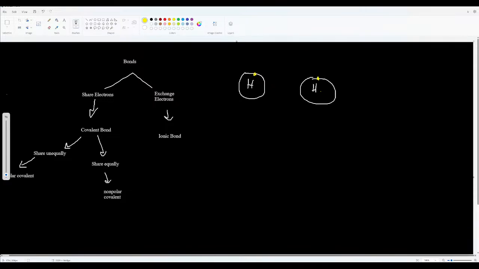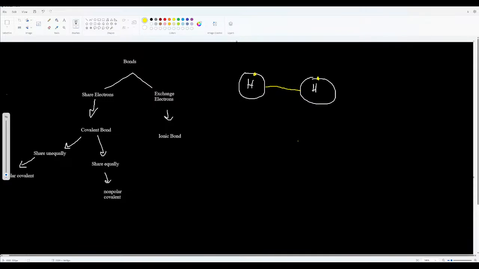So in this case, when we're bonding these hydrogens together, what is going to happen between them? Because they both need two, but it's not exactly favorable for one to donate and one to accept. So what happens is they share.